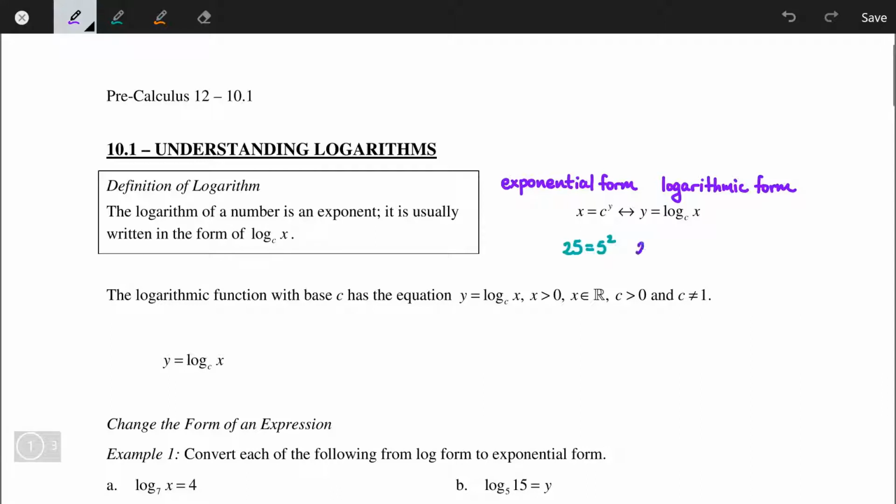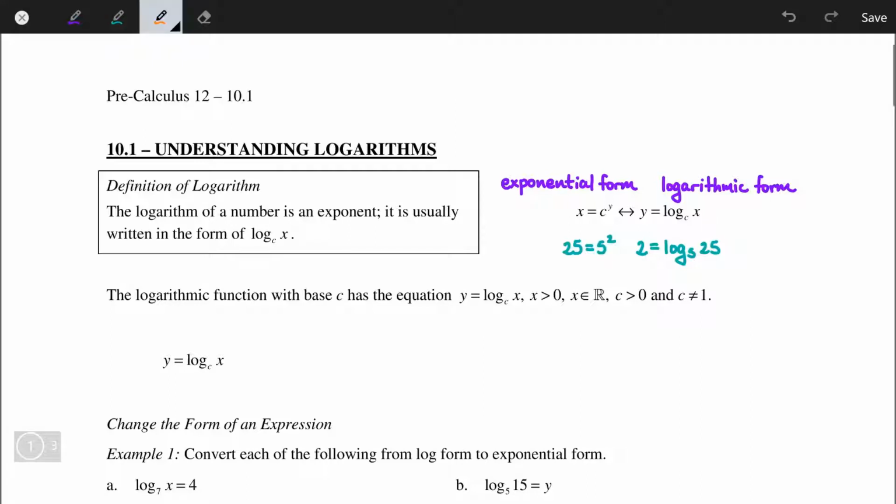So that is 2 is equal to log base 5 of 25. In other words, a logarithm is really asking the question, if 25 is to be written as a power of base 5, what would the exponent be? So it will be 2.